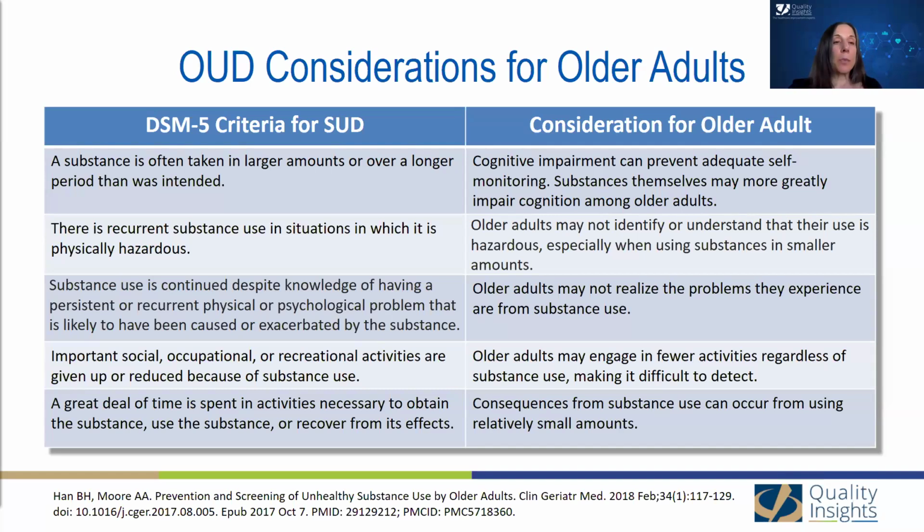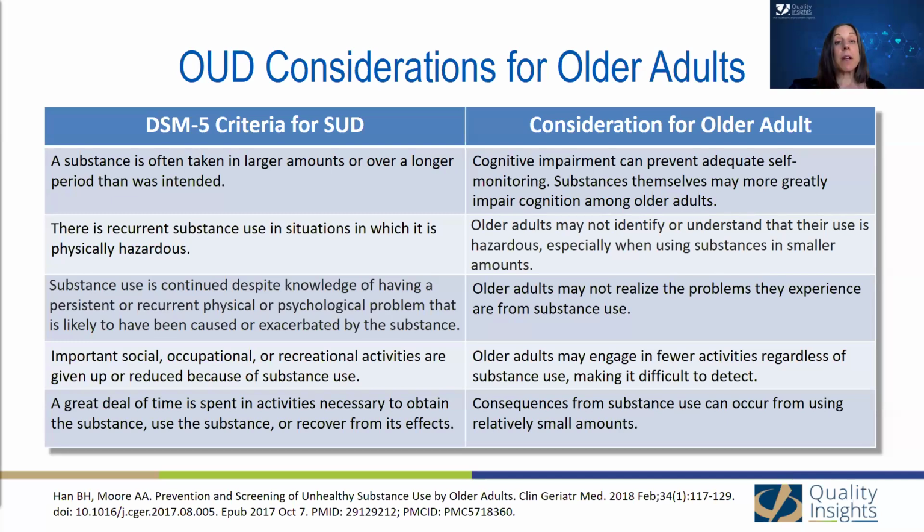So when we think about opioid use disorder, a lot of the diagnosis, consideration, and criteria really just look at the broad population, but we really need to look at it through the lens of older adults with our patient population. Cognitive impairment can prevent adequate self-monitoring. So an individual may be taking more opioids than they realize.